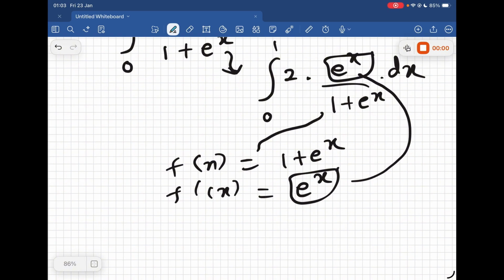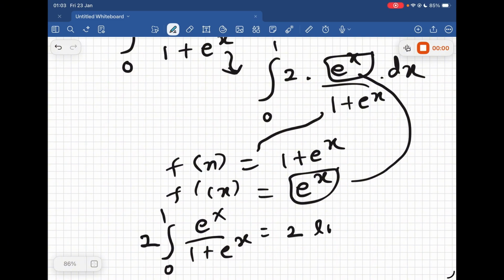So I can bring the 2 out. The integral from 0 to 1 of e to the x over 1 plus e to the x is 2 times ln of 1 plus e to the x, with the lower limit 0 and the upper limit 1.